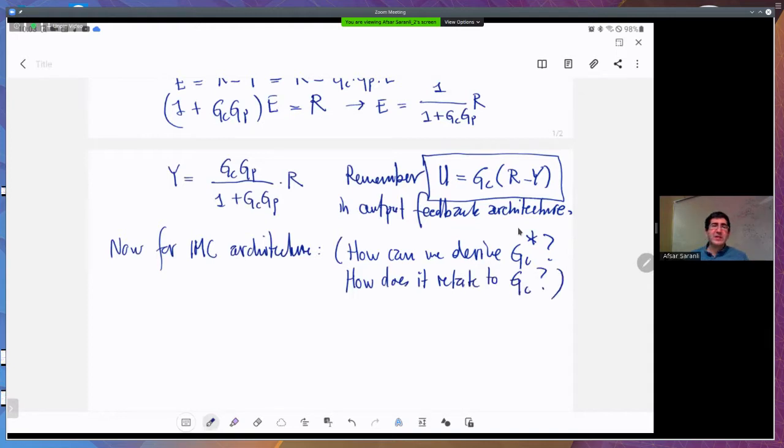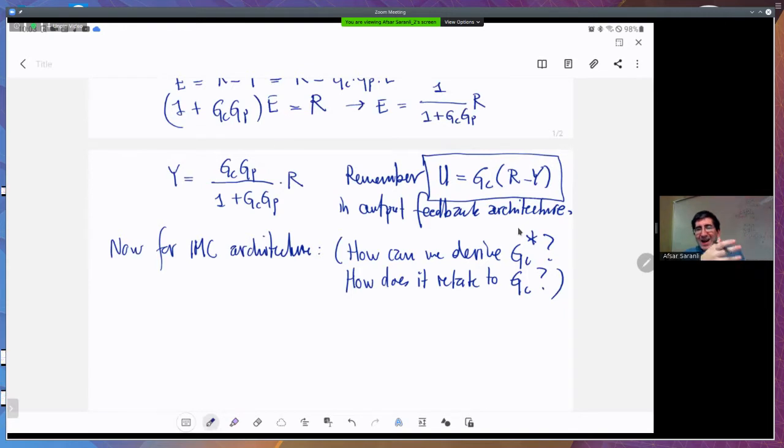Okay, we already said that it's a different controller in this architecture, but one question is, can I derive the controller in the IMC architecture, and is there a way to convert it back to be used in the classical output feedback architecture?